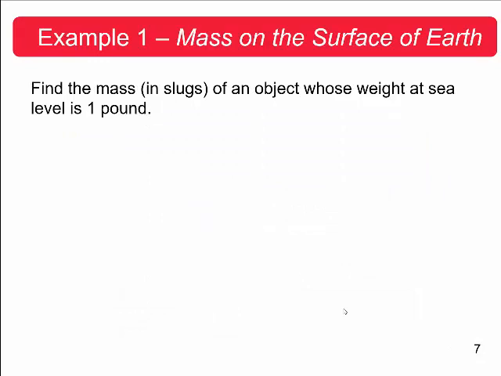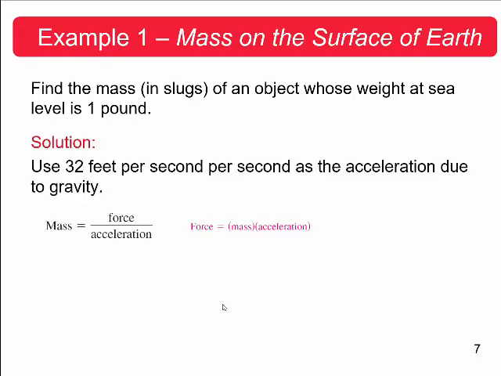So find the mass in slugs of an object whose weight at sea level is 1 pound. Okay, so let's do that. We're going to use 32 feet per second squared as the acceleration due to gravity, right? So mass is equal to force divided by acceleration. So we have 1 pound divided by 32 feet per second squared, okay?